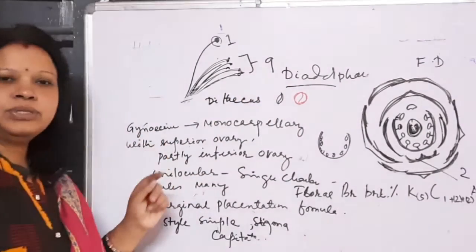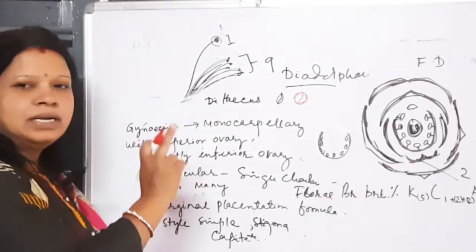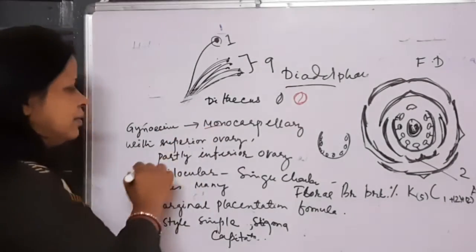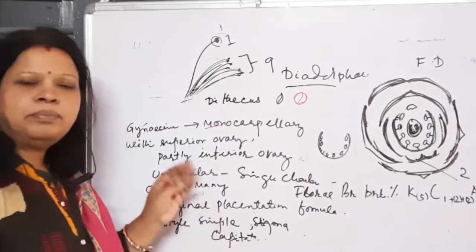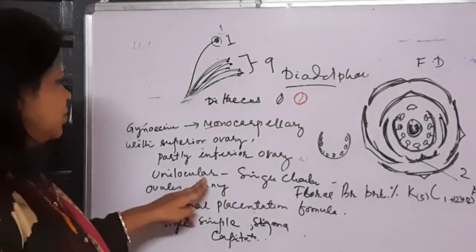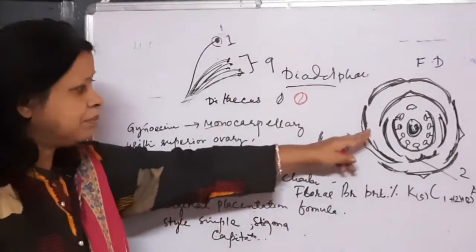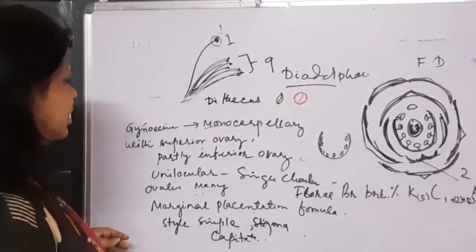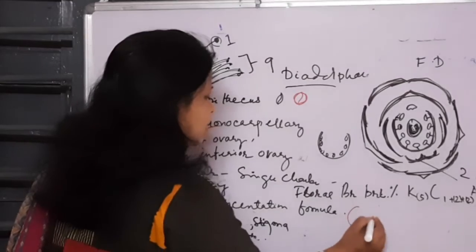Next comes the gynoecium. Number of carpel 1, or it is monocarpellary, with superior ovary, and it is unilocular, that is, the TS of ovary shows a single chamber.